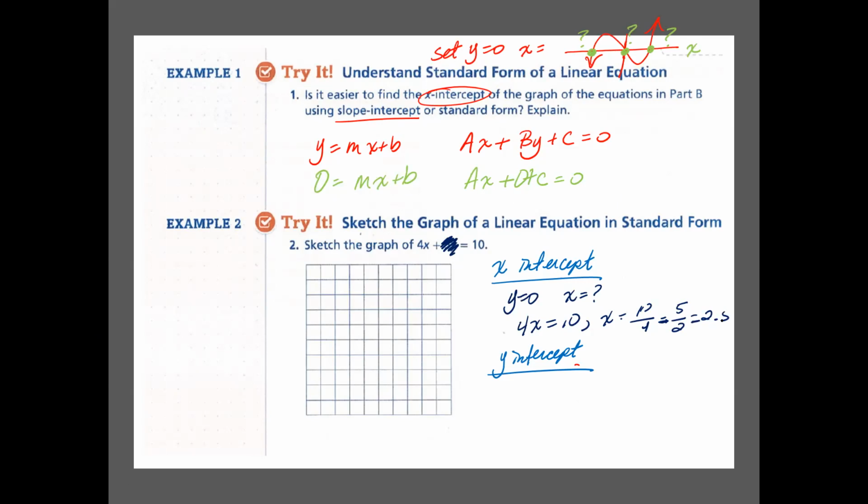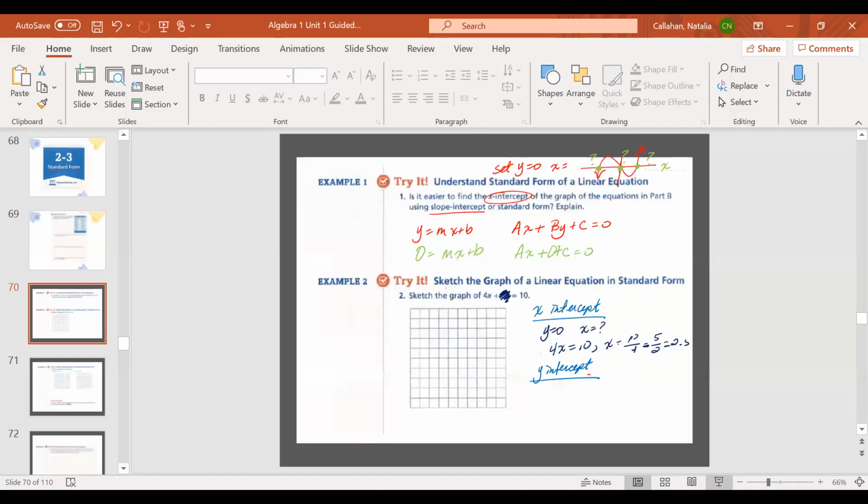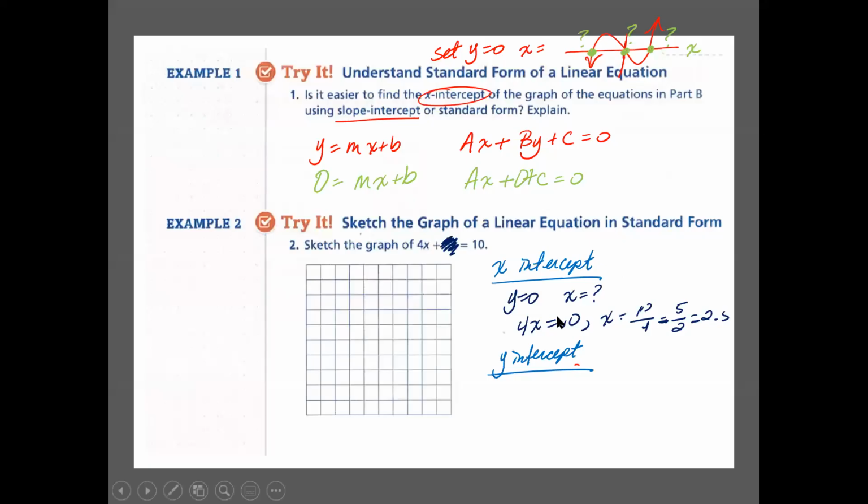There's something wrong with my pen. Okay, so it's not working. That's okay, because we're going to try it one more time. I'm going to end the show, keep this, redo this one more time, and hopefully it will stop.